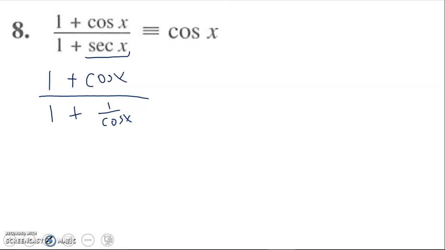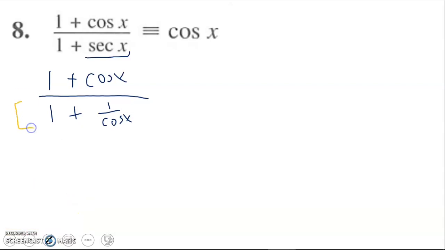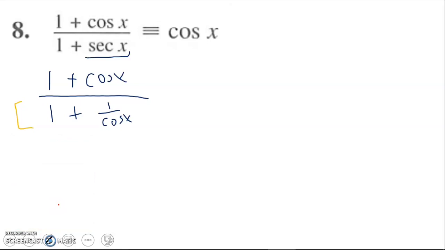Okay, from here, let's clean up the denominator. I can change 1 into cos x over cos x, because that's the same thing as 1.